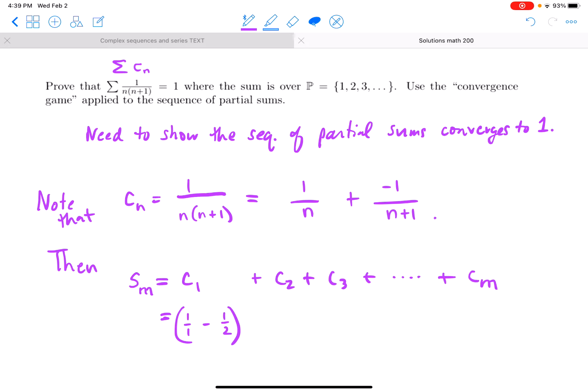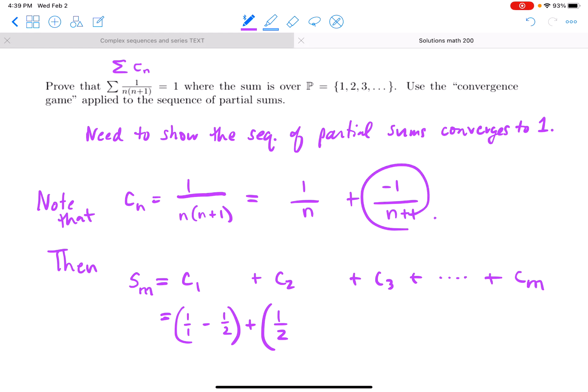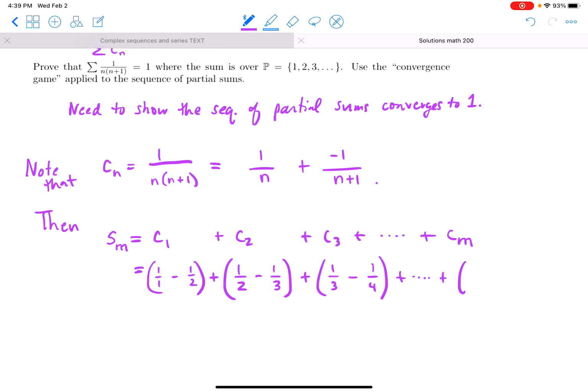What is C2? It's plug in a 2, minus 1/3, plus plug in a 3, minus 1/4, plus plug in an m, minus 1 over m plus 1.